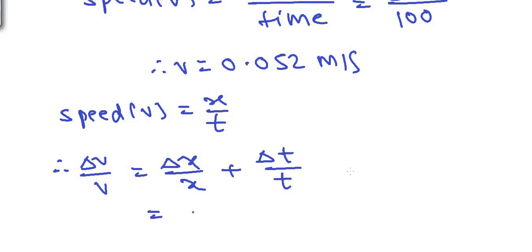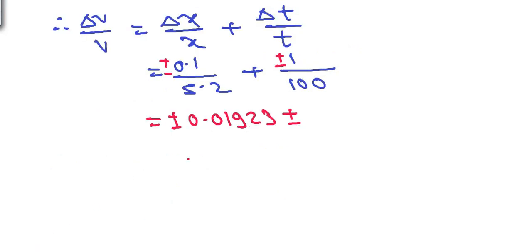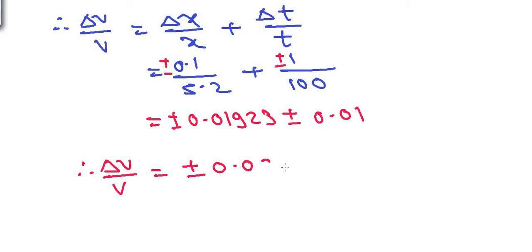Now we have got the values: delta x is 0.1 upon 5.2 plus delta t 1 divided by t 100, of course plus or minus, that is equal to plus or minus 0.01923 plus or minus 0.01, and therefore finally we get the relative error in the measurement of speed is equal to plus or minus 0.02923.